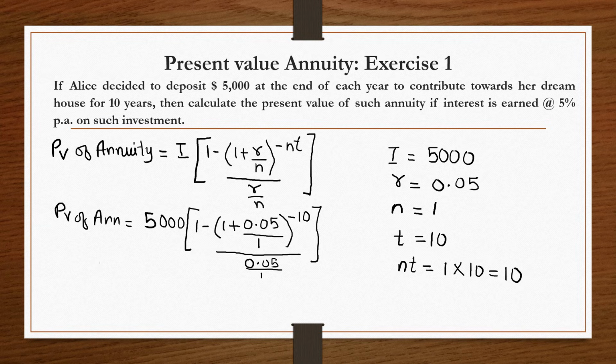Now again we'll simplify. Present value of annuity is equal to 5000. First calculate the top one.